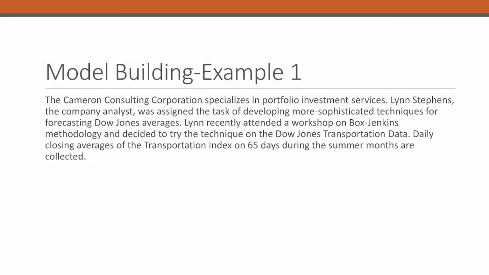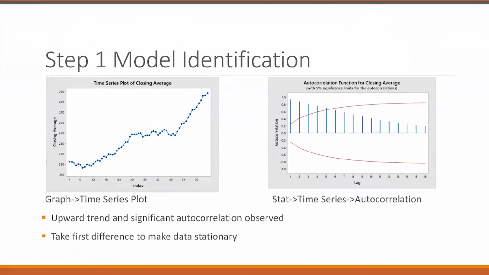Daily closing averages of the transportation index on 65 days during the summer months are collected. So we have time series data on the transportation index, and we have 65 of them. So the idea is to use Box-Jenkins methodology to model the data, which is the ARIMA model. The first step is to identify the model.